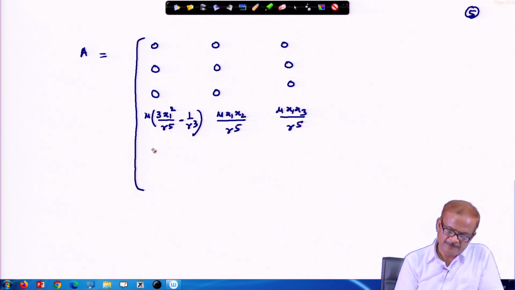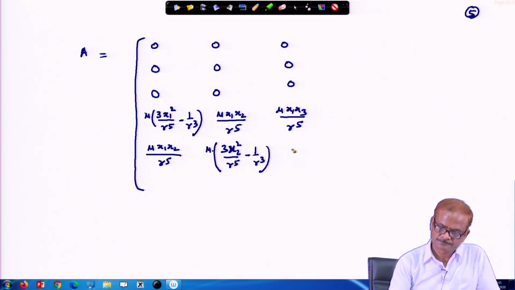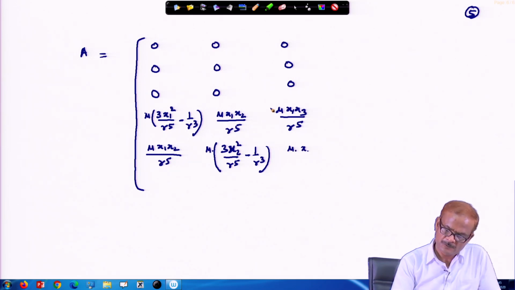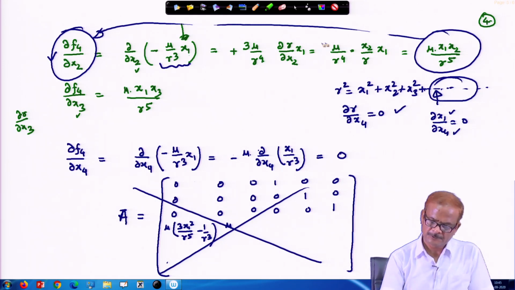And if you further differentiate, you will get the other terms also, and it will appear like this: 3 x 2 square by r to the power 5. You can check the other terms. This 3 is missing here.